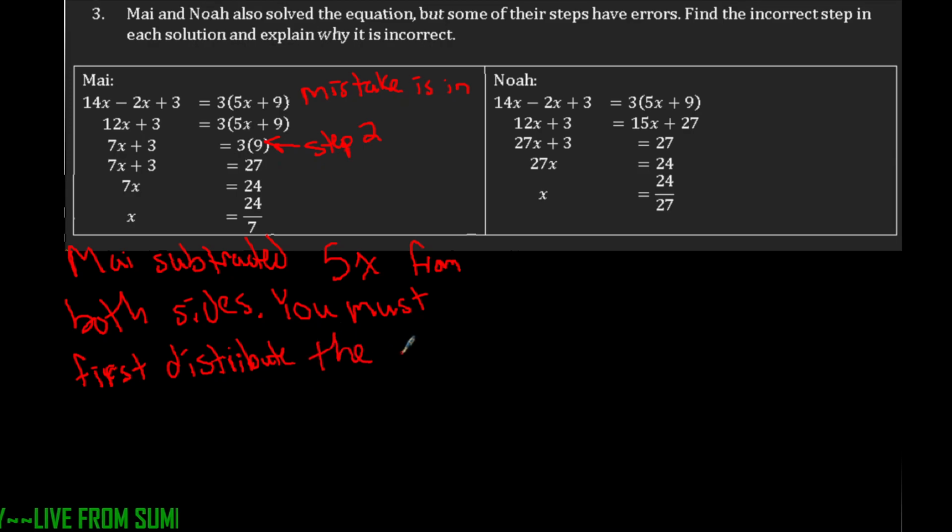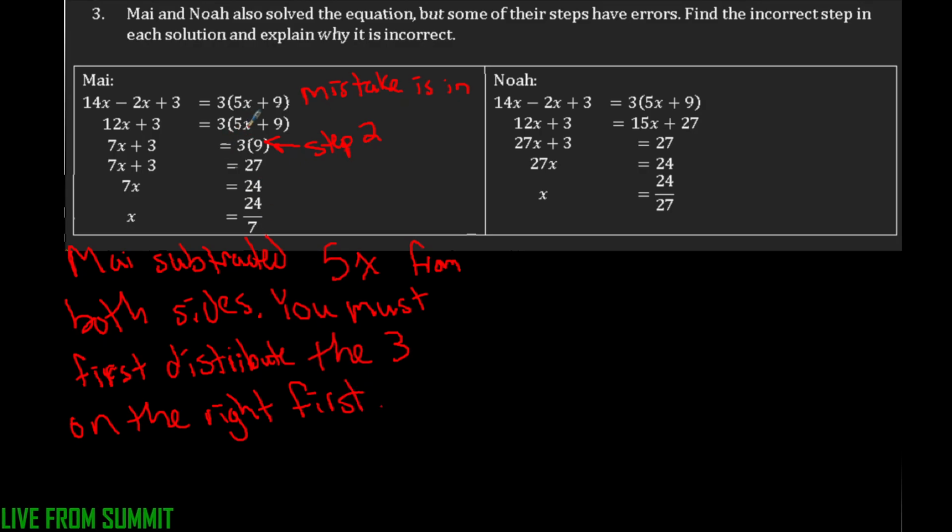So they must first distribute the 3 on the right first. Notice how it's inside the parentheses, they can't just subtract it outside the parentheses, because they should have done minus 15x to both sides, but they only did minus 5x. So now I can split this down the middle.